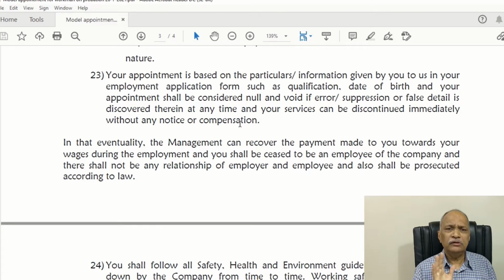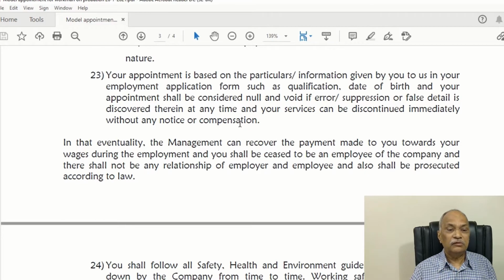Your interview is always based on your employment details. So, based on that process, your appointment and all the employment terms and conditions are decided. So, if organization observes any time that particular information given by you is false or misleading or incorrect, having error, then it is very serious.